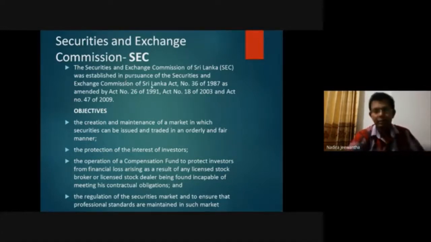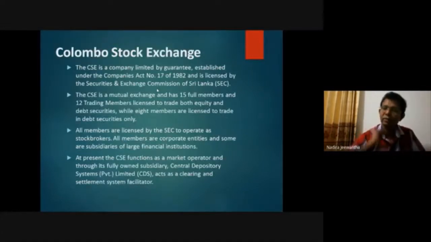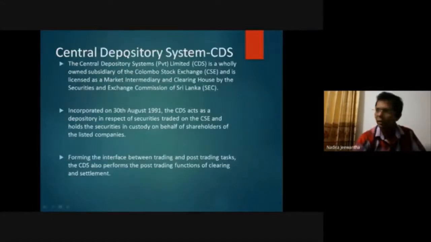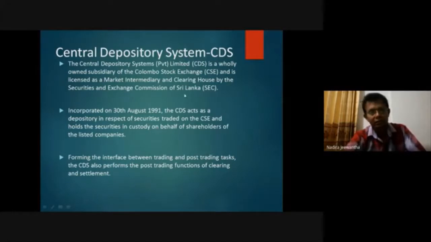And CSE is also where the trading flow is maintained. An important thing for you: when you open an account with a share broker, we call it a CDS account. Everything is recorded there. It's scriptless, the central depository system.